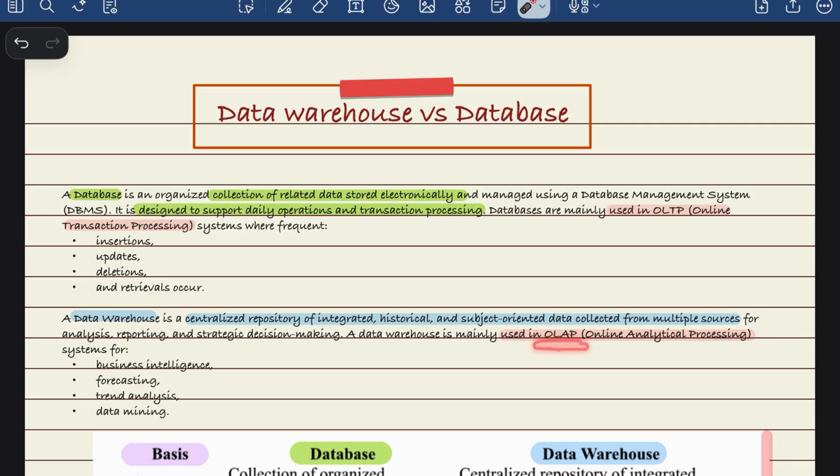It is used in OLAP systems. What is OLAP? OLAP is online analytical processing. So here we are actually taking the insights out of the data. We are performing analysis on the data, finding out what our data is trying to tell, which story our data holds. We are using it for BI, forecasting, trend analysis and data mining.